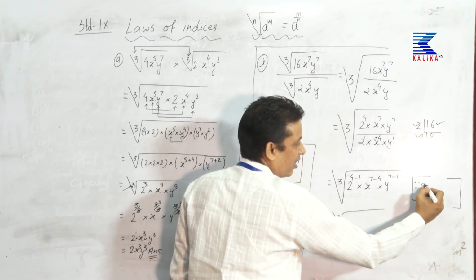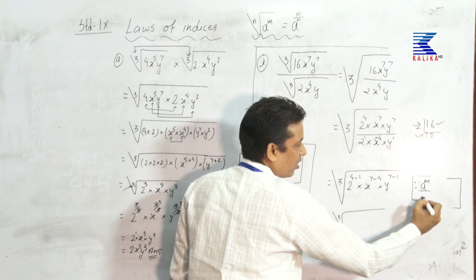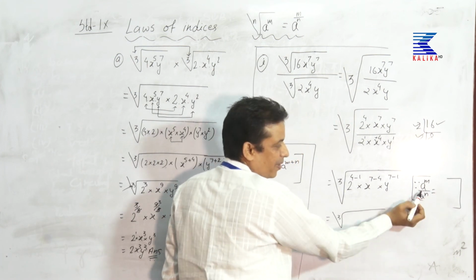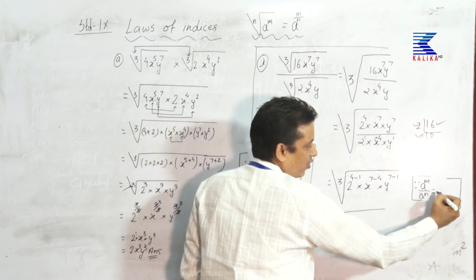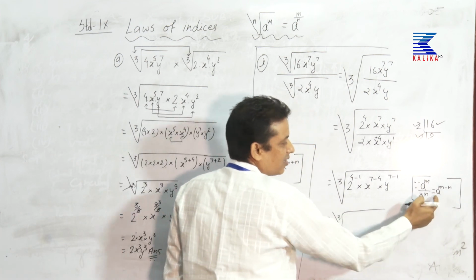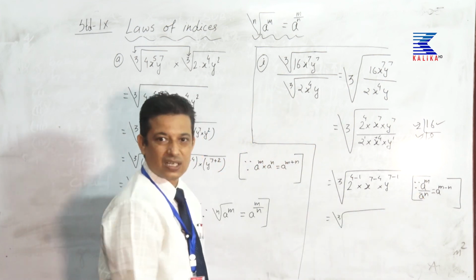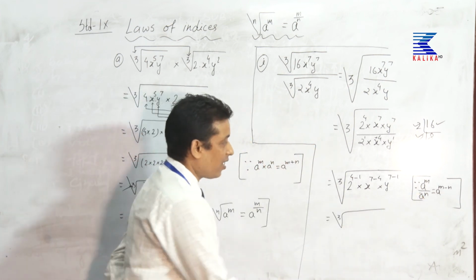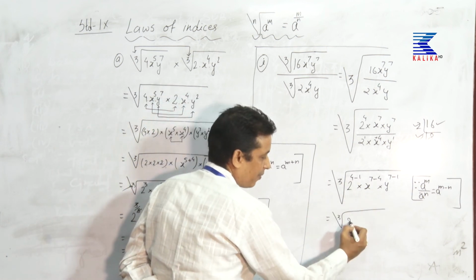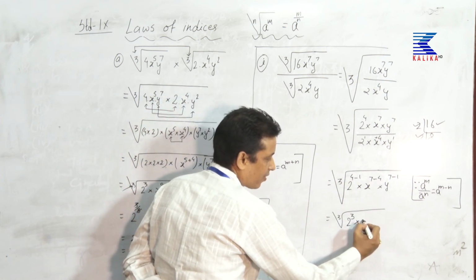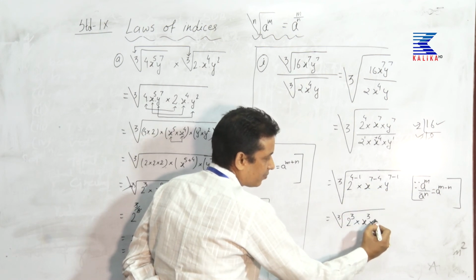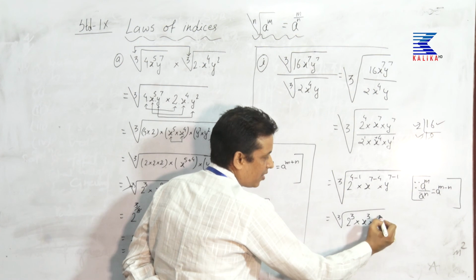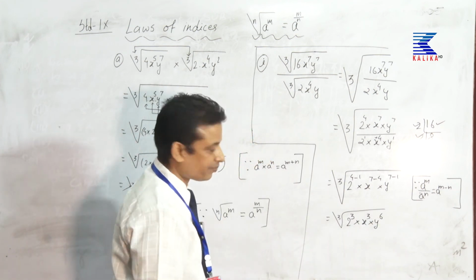Because a to the power m over a to the power n, the base is the same. A is the base, A is the base. In this case, we can write it as a to the power m minus n. This law of indices is used in this step. Now 4 minus 1, everybody knows it is 3. 7 minus 4, everybody knows it is 3. 7 minus 1, everybody knows it is 6.